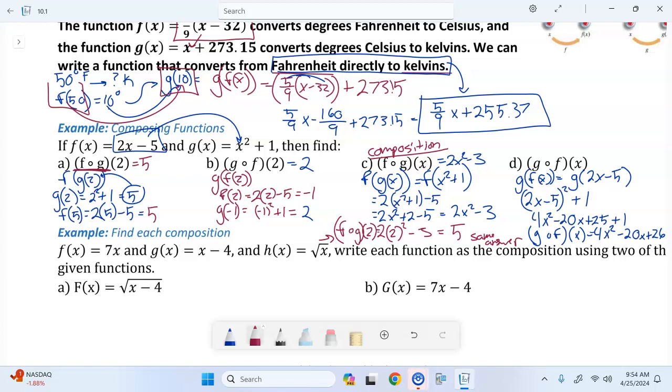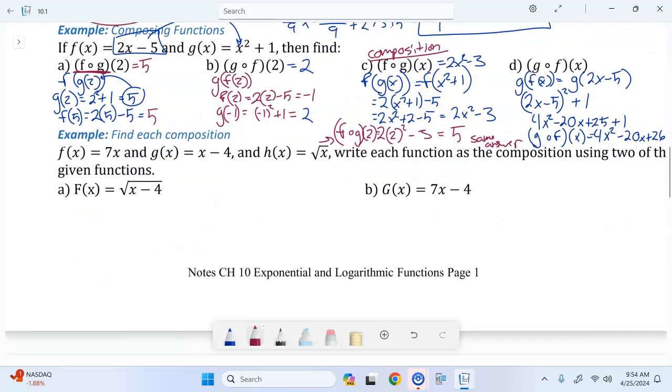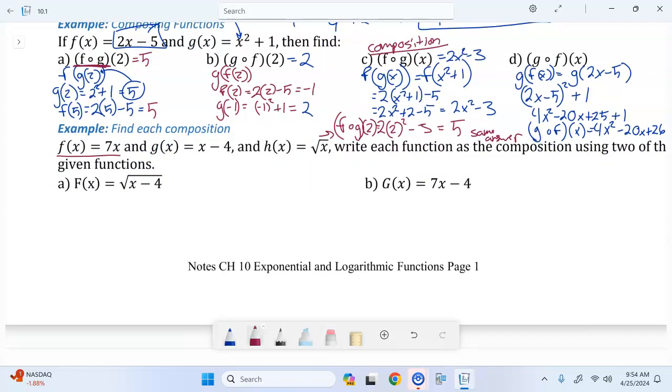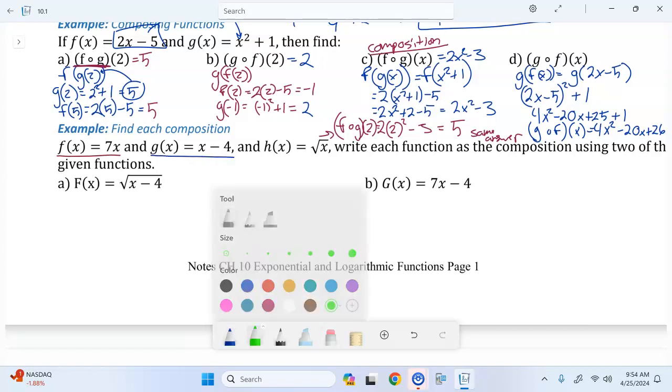The last thing we're going to do is look at how compositions are put together and identify what those compositions are. So we have 3 functions. We have f of x, we have g of x, and we have h of x.